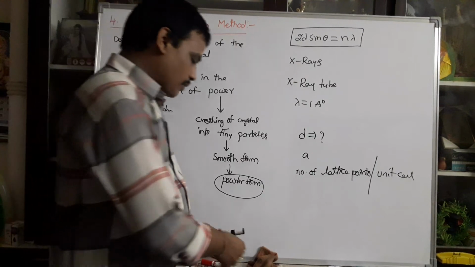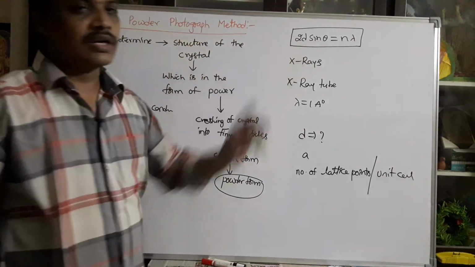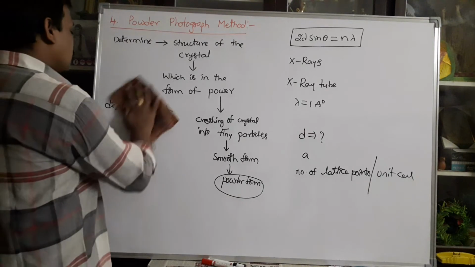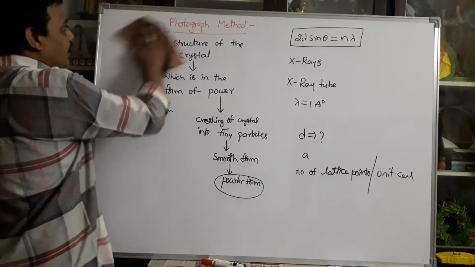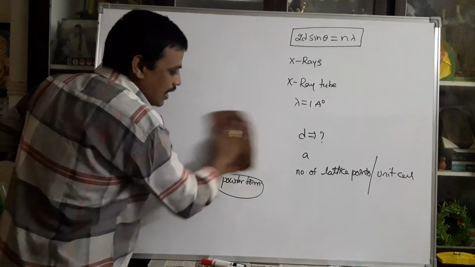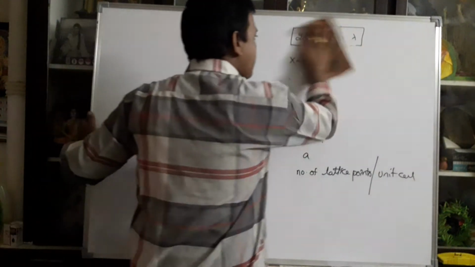This photographic method also uses the diffraction condition. So we first go to the experimental arrangement, which can be drawn.